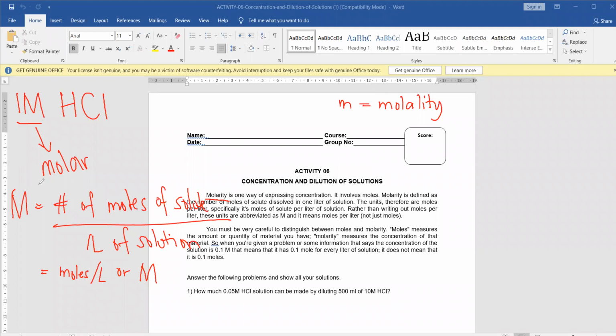Questions so far about the definition of our molarity? Wala bang questions for molarity? You can just send your questions if ever meron kayong hindi maintindihan ha. Okay? So let us continue.